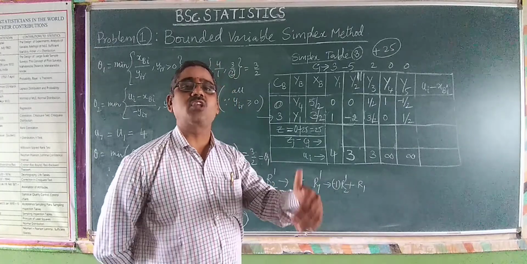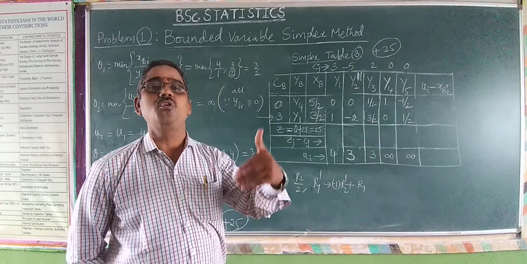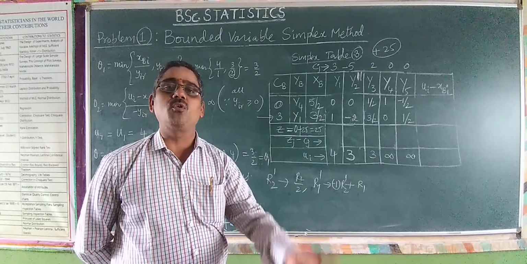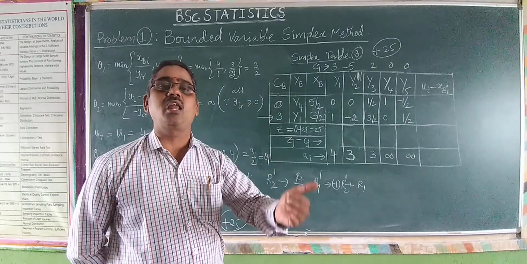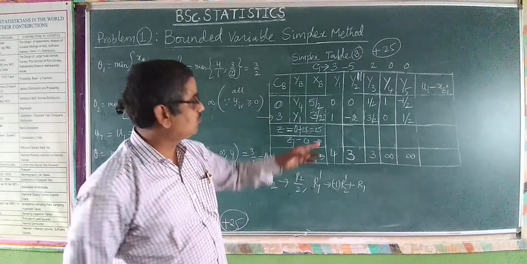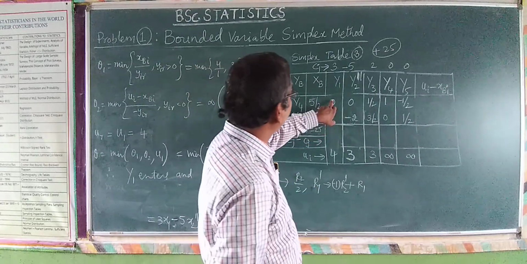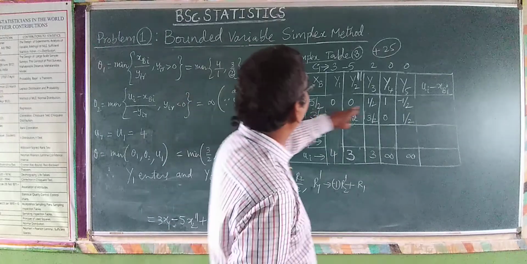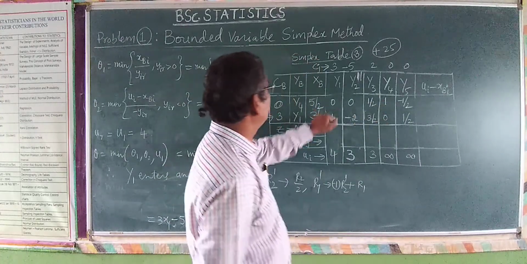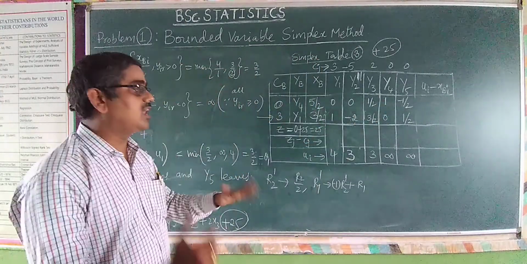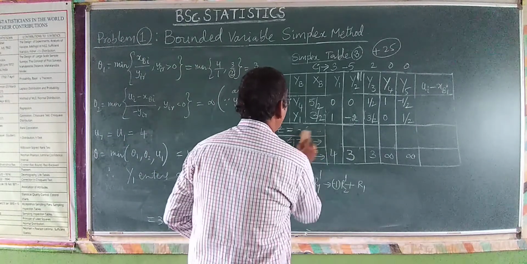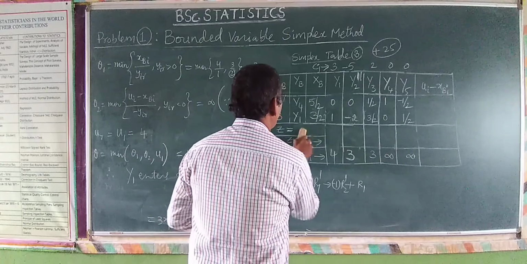By making these row operations, I converted the pivotal element to unity and the remaining element to 0, and these are the calculations we now got. So now you see y4 is 1 0, y1 is 0 1. Now again you have to calculate net evaluations. You have to arrange this, and then we calculate this now.